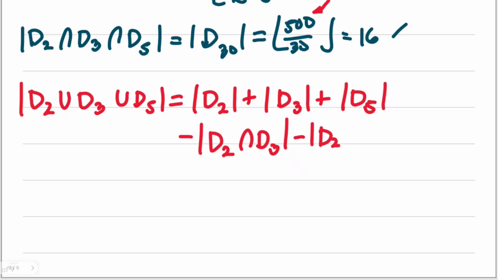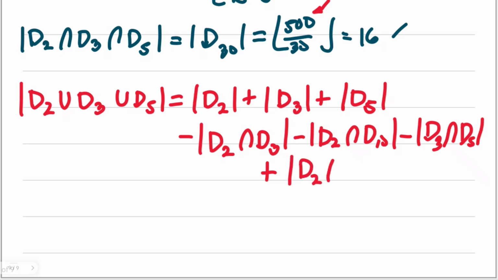This one here divisible by 10, minus divisible by 15, and plus the divisibility that will capture all 3, in short, the number of integers divisible by 30.